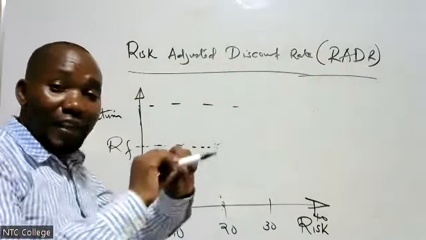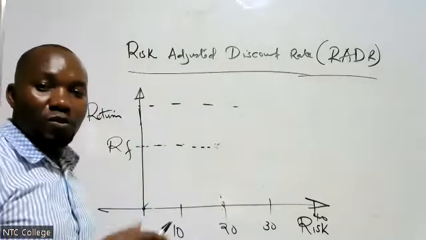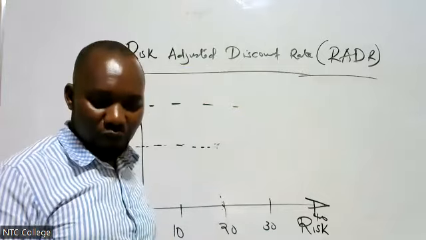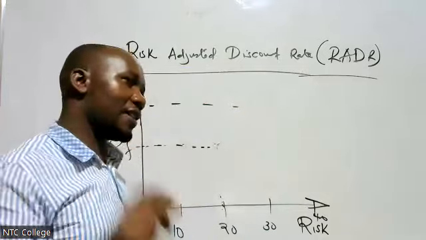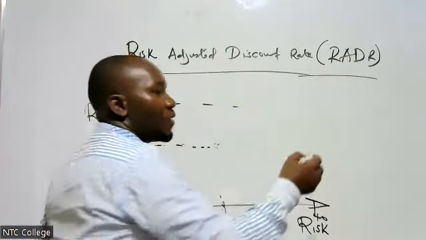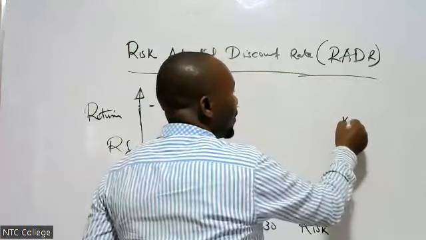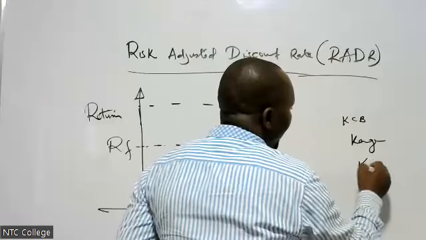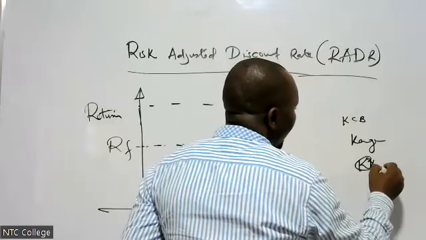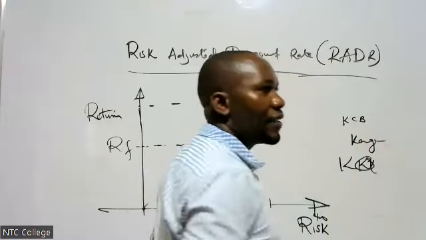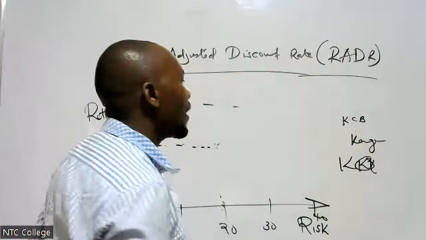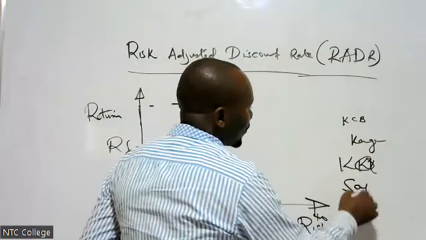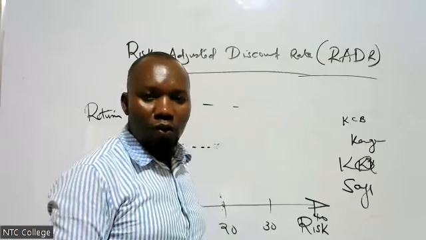Portfolio is just a group of assets. For you to spread the risk, you buy assets from different companies, and we call them a portfolio. So you can buy shares from KCB, maybe from KenGen, Kenya Airways, KQ, or Safaricom. You take a little from each. Why?